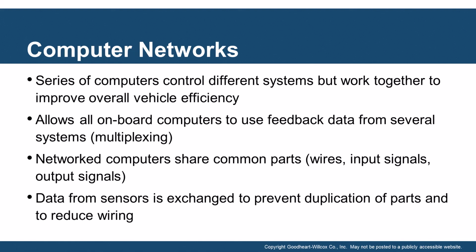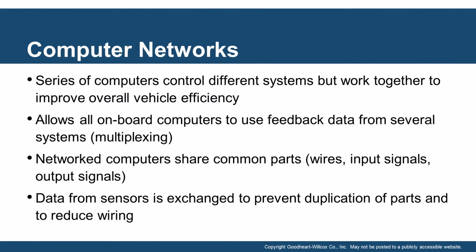Now, computer networks are pretty much the norm today on every automobile out there. They're a series of computers that control different systems, but they actually work together to improve the overall vehicle efficiency of every kind of system in the vehicle by reducing a lot of the wiring that was occurring. We saw this during the late 1990s where the wiring was just getting overwhelming in the car.